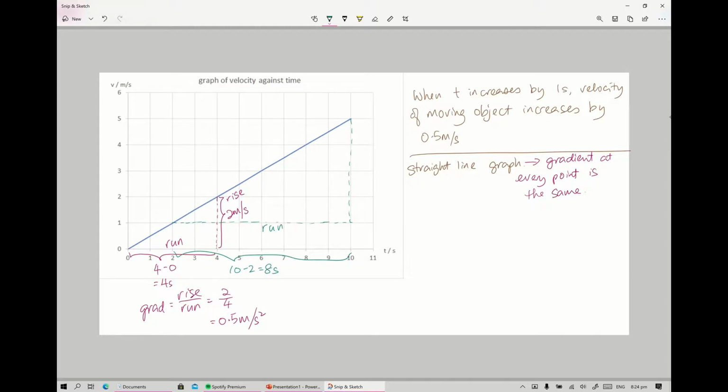So my run is 8 seconds. The rise is 5 minus 1 equals 4 meter per second. So the gradient equals rise over run equals 4 over 8, 0.5 meter per second squared.